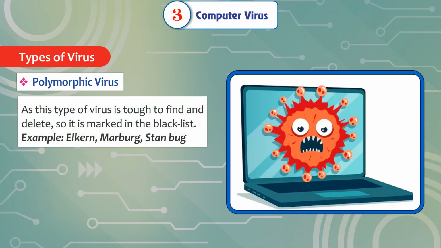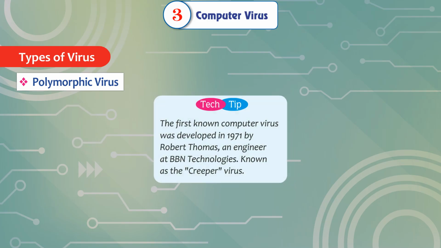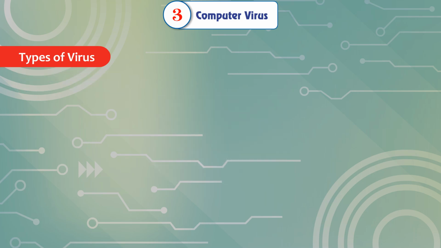As this type of virus is tough to find and delete, it is marked in the blacklist. Example: Elkern, Marburg, Steinbug. Tech tip. The first known computer virus was developed in 1971 by Robert Thomas, an engineer at BBN Technologies, known as the Creeper virus.